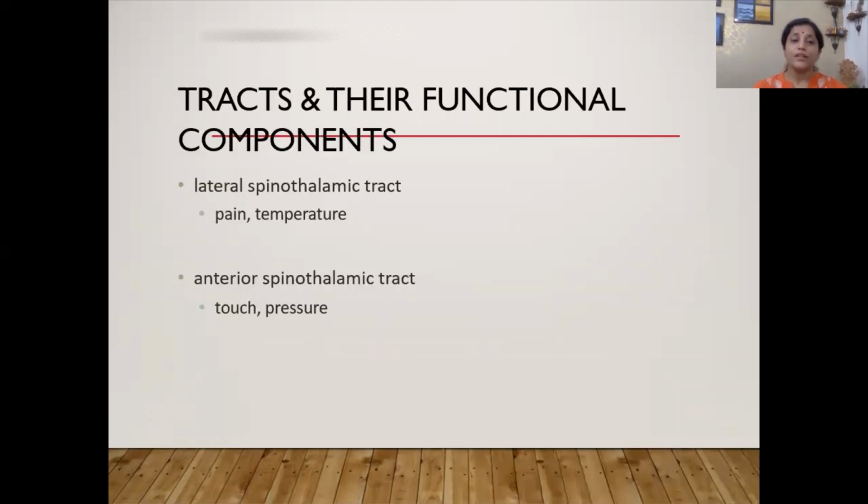So if we look at the tracts, as per the location of the ascending tract, the spinothalamic tract is lateral and anterior. Now these lateral and anterior positions are the positions acquired by the tract while ascending in the spinal cord. So the LST or the LSTT, the lateral spinothalamic tract, is the tract which carries the sensation of pain and temperature.